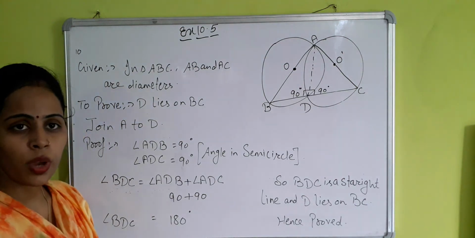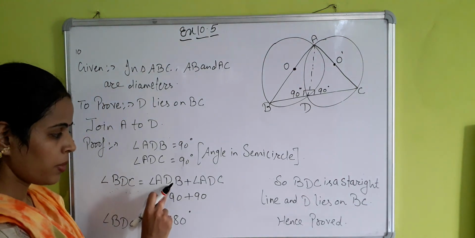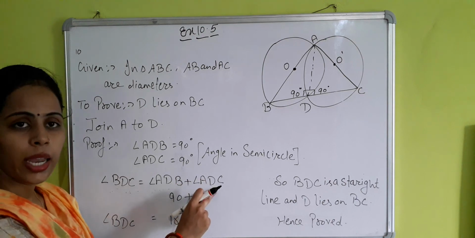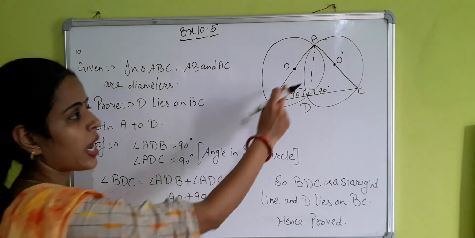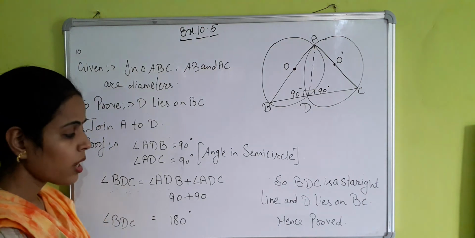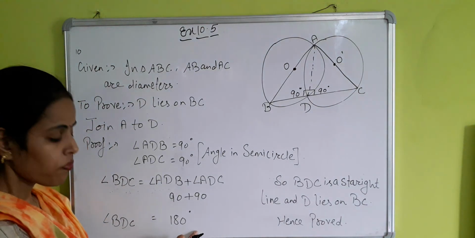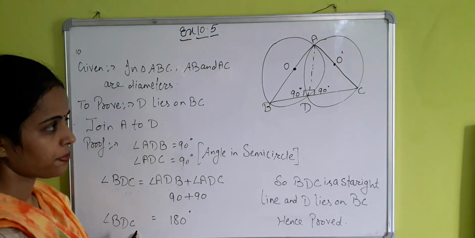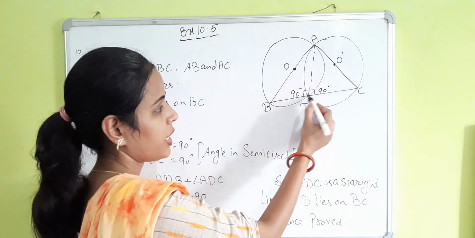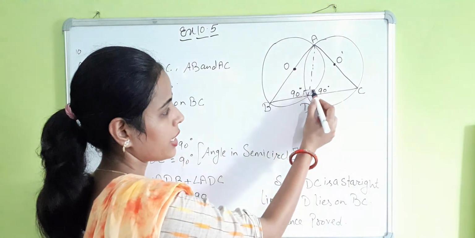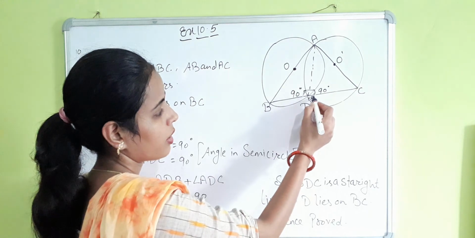When we add these two angles, angle ADB plus angle ADC, means 90 plus 90, 180. So angle BDC is 90 plus 90, 180.